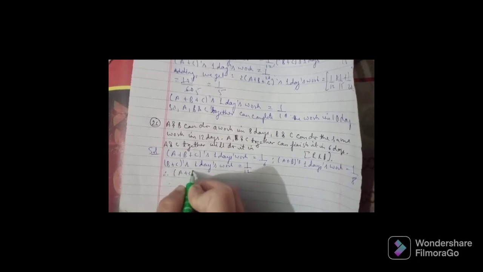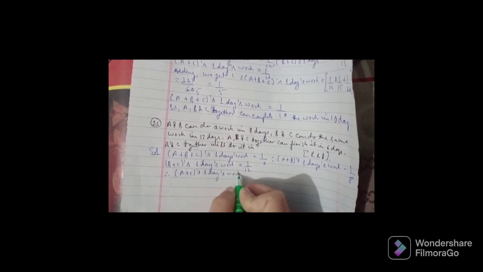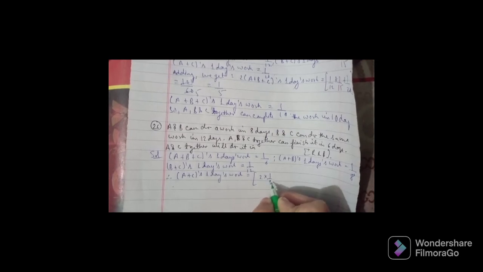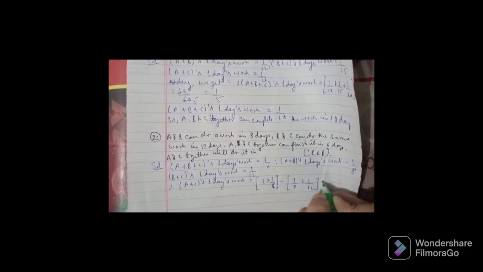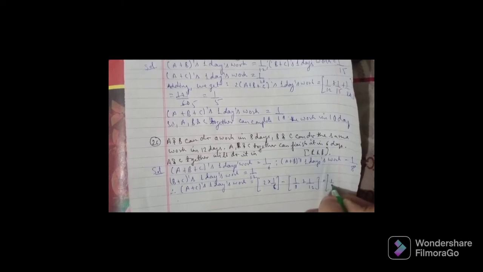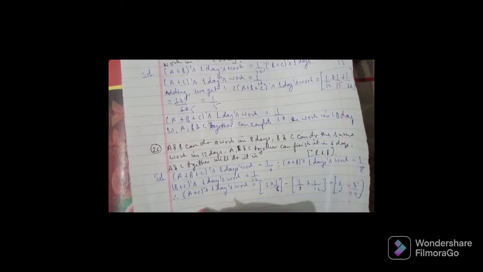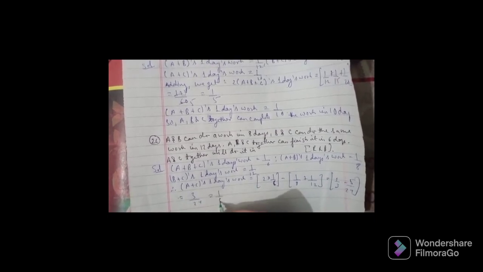So A plus C's 1 day's work equals to 2 into 1/6 minus 1/8 plus 1/12, equals to 1/3 minus 5/24, and that is equals to 3/24 equals to 1/8, and that we have.